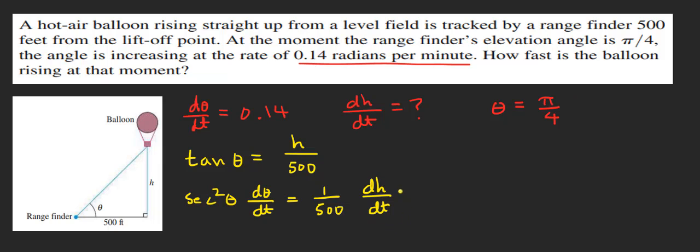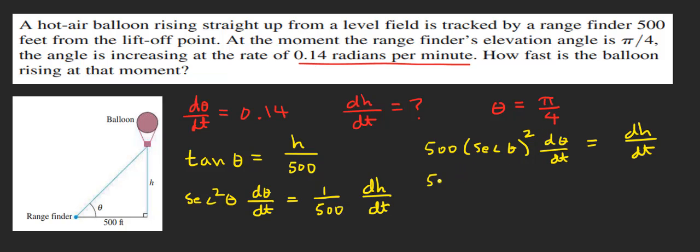Now our goal is to find dh over dt, so let's multiply by 500. You get 500 secant squared theta d theta over dt equals dH over dt. Now let's plug in our given information.